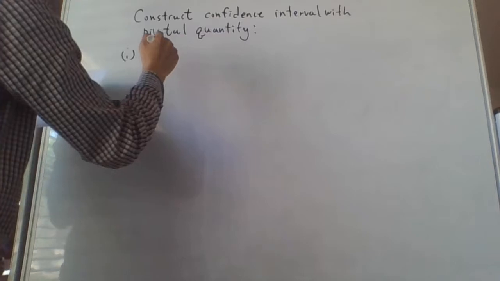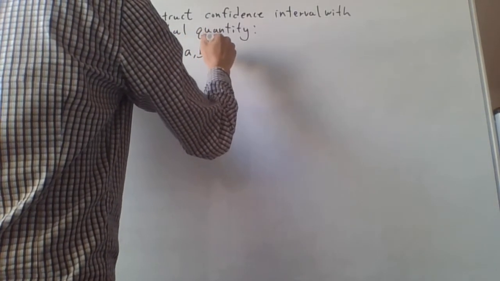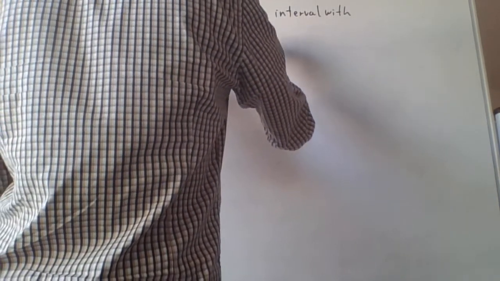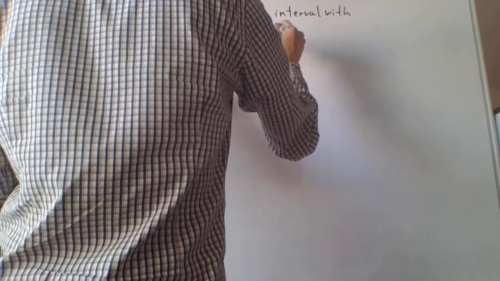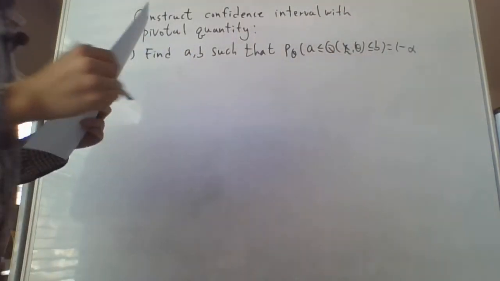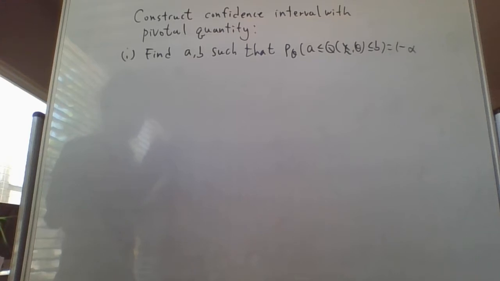First, find A and B such that the probability that Q is between A and B is 1 minus alpha.